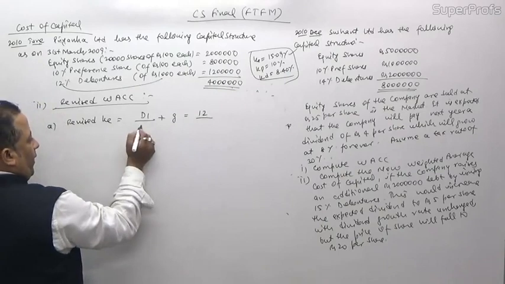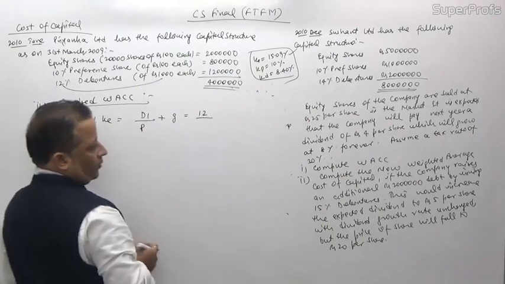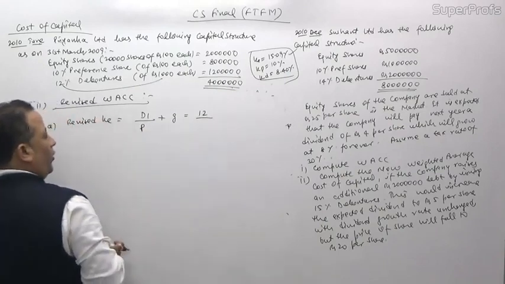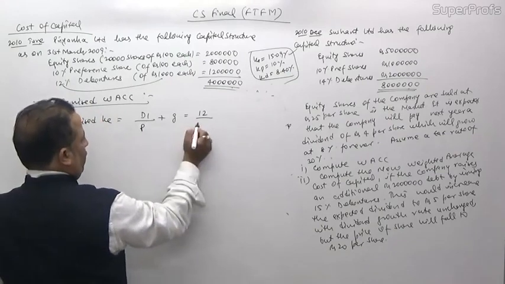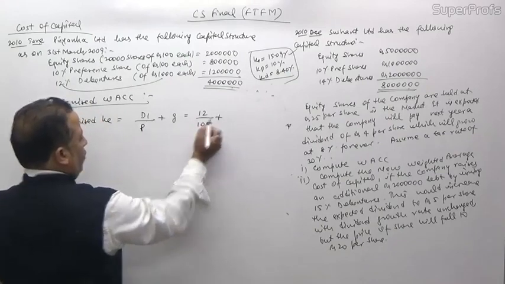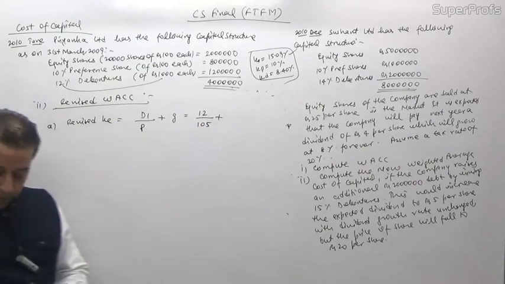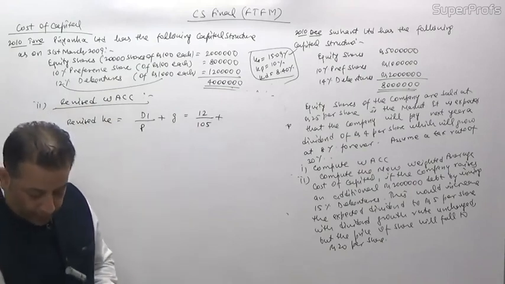The flotation price is not given, but the market price falls from 110 to 105, and there is no information regarding the growth rate.